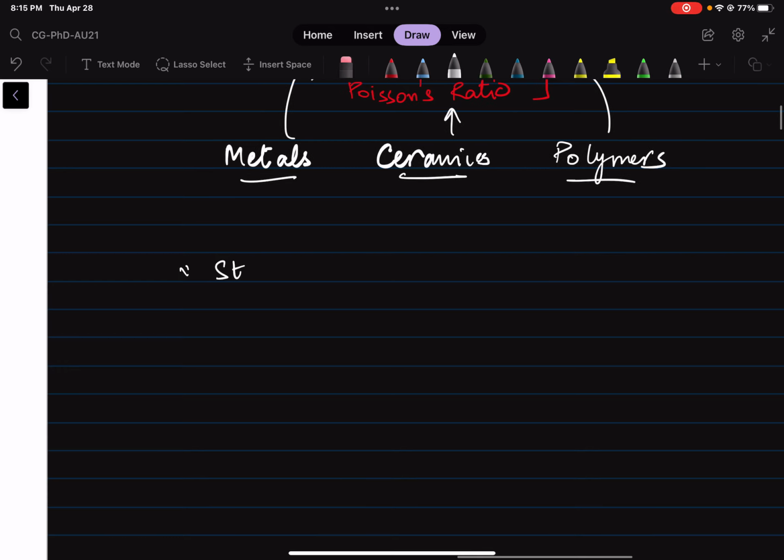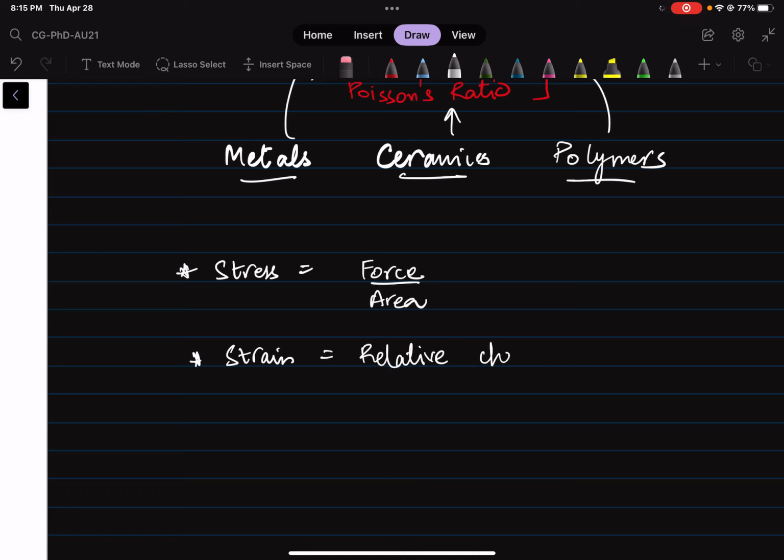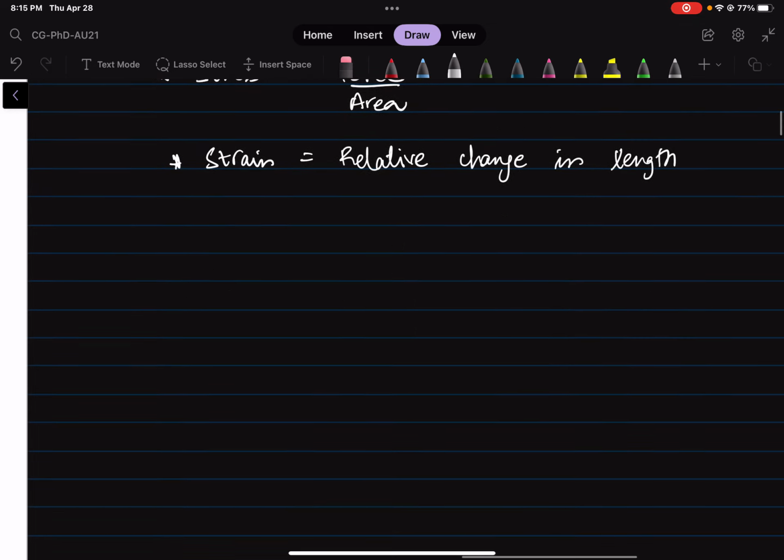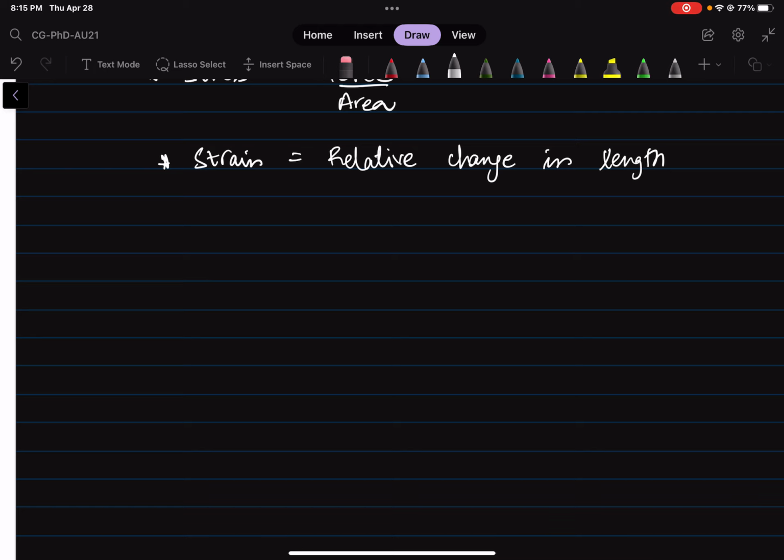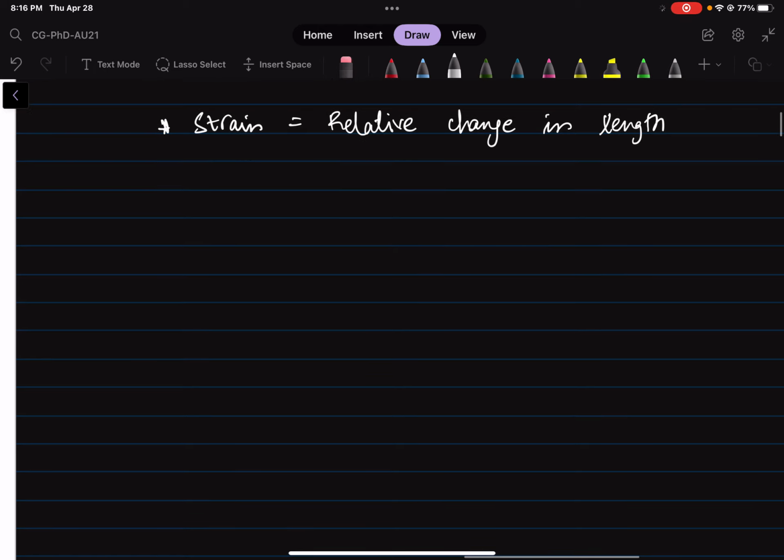So very crudely speaking, the fundamental definition of stress can just be given as force divided by area, and strain is equal to a relative change in length. And now based on these two definitions, you could have two different types of stresses and strain, right?